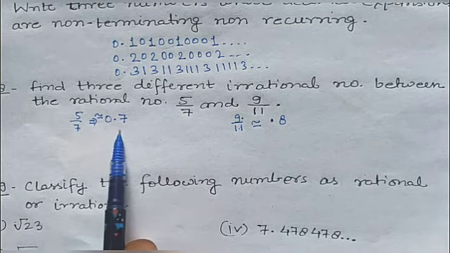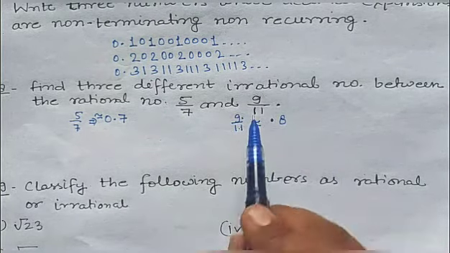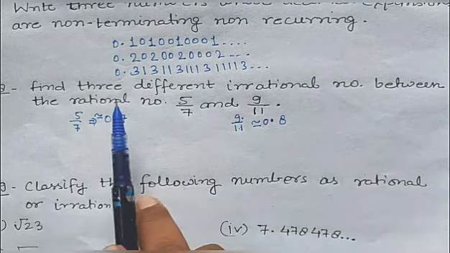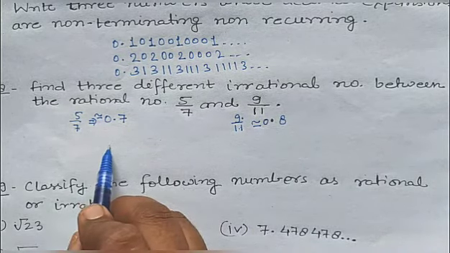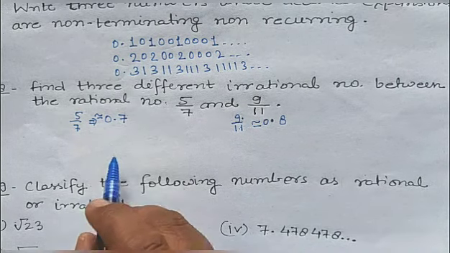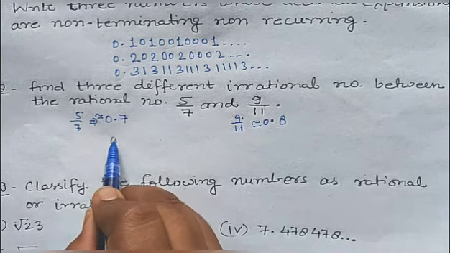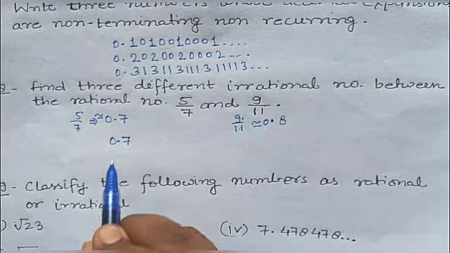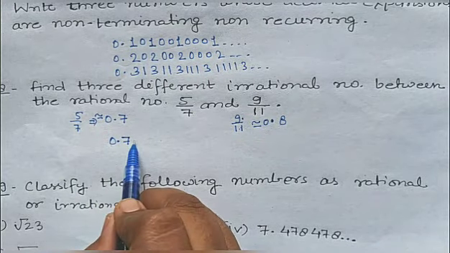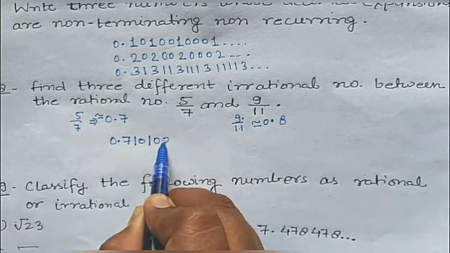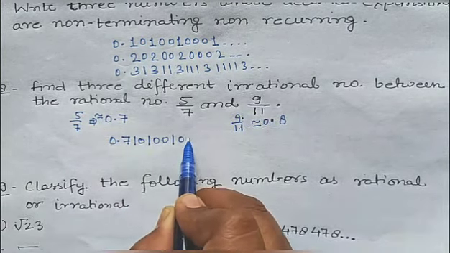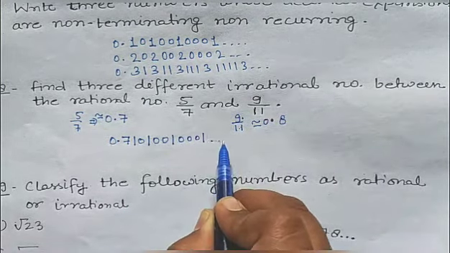Now between 0.7 and 0.8 we have to write three different irrational numbers. So simply we can write as we did in the previous question, starting from 0.7, we can write 0.7101, increase the number of 0s.